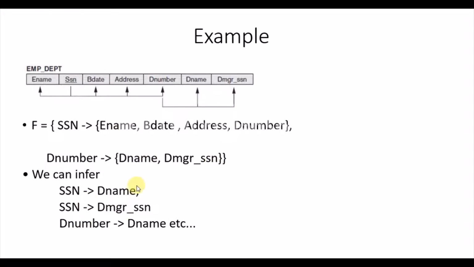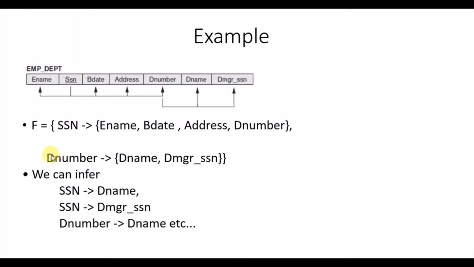So we have given a set of functional dependencies F. From this F we can infer new functional dependencies. And now closure of FD. So we'll see what is meant by closure of FD.